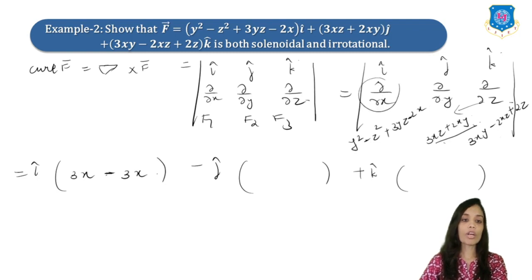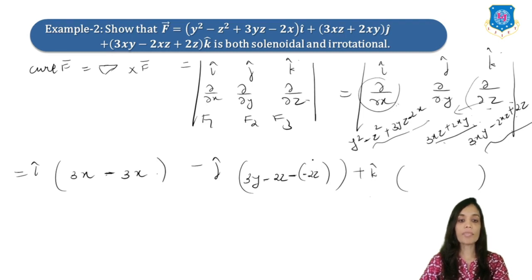You have to find the partial derivative of this function with respect to x, so the answer will be 3y minus 2z. Now minus, and find the partial derivative of this function with respect to z. So the answer will be minus 2z, and plus 3y.